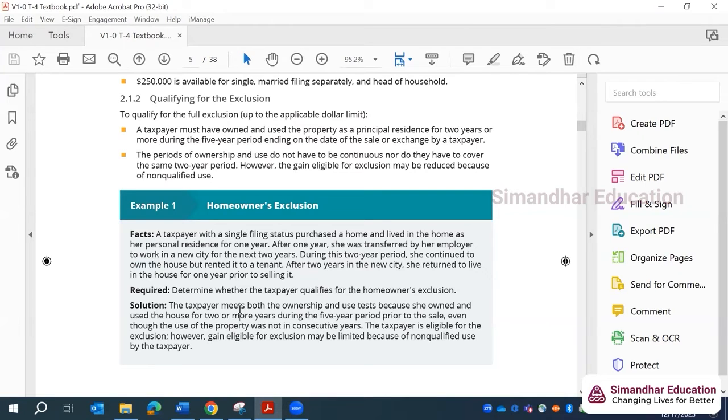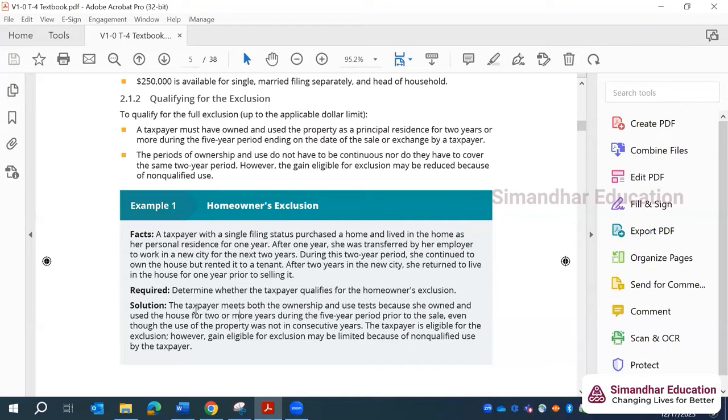So you have to look at 5 years from the sale of the property, look at the prior 5 years. If you see, she has owned the property for 4 years and she has used the property in the first year and she has used the property in the 4th year. So she is satisfying both the requirements here.